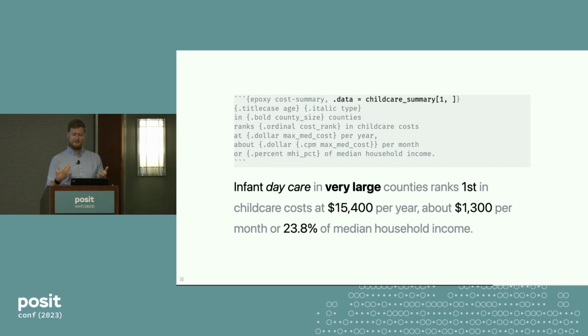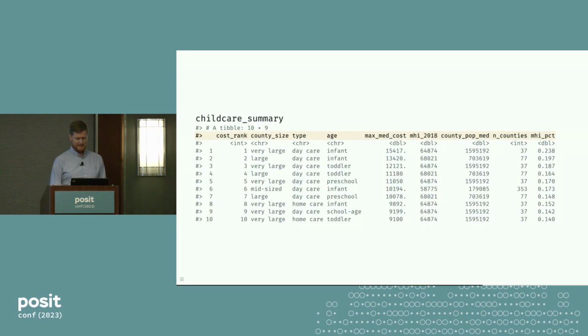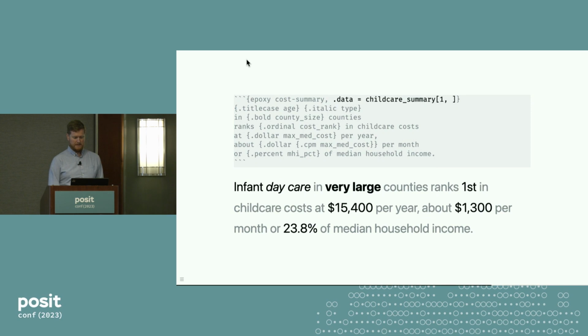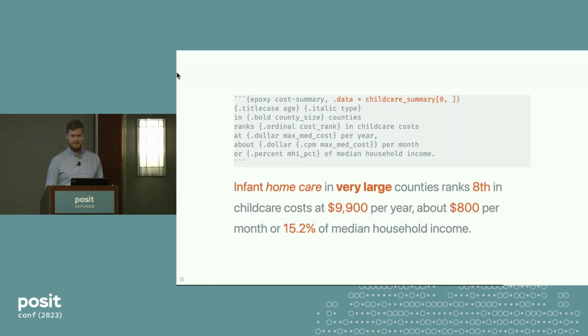And if I wanted to, for example, compare infant daycare with infant home care, then I could go back and look at this table and say, oh, it's row number 8. And I can change the data argument to row number 8. And now Epoxy is going to take that row and apply the values in that row of the data frame to the template.